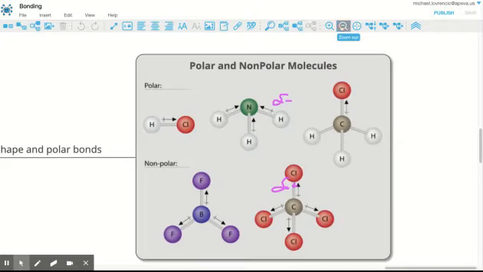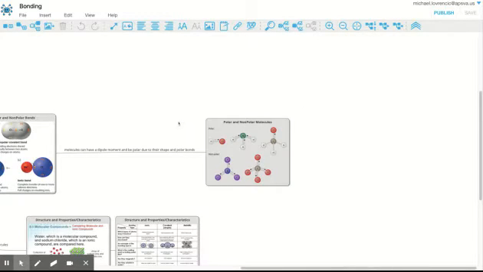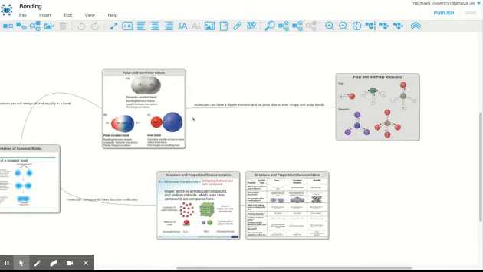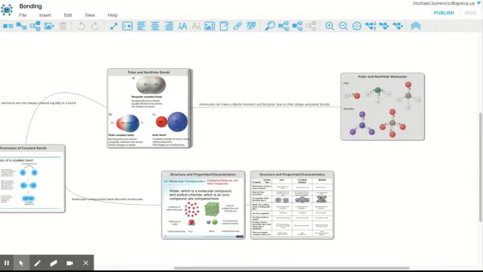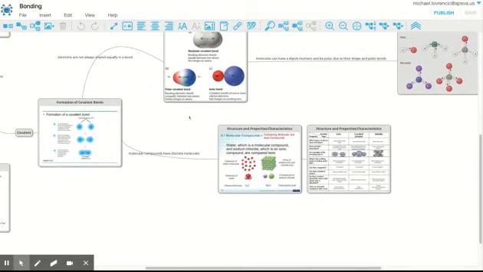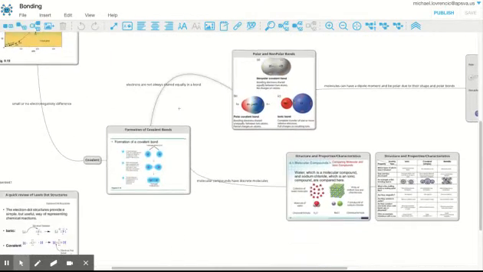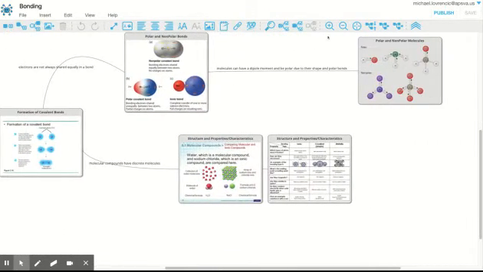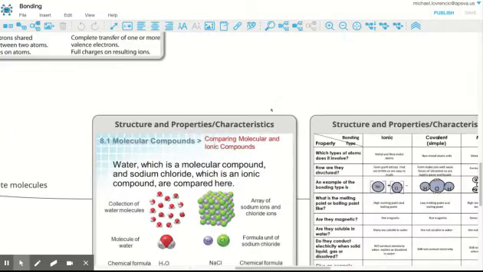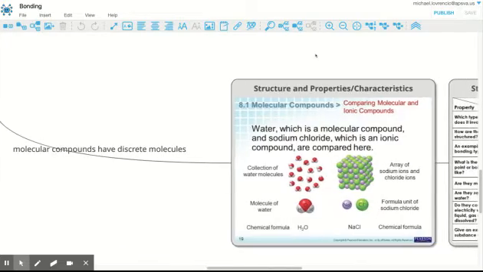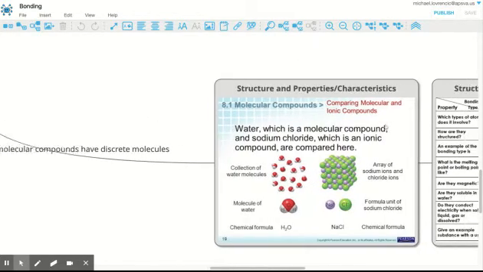If we back out and take a look at our flow chart, and we look at the properties of molecular compounds that result: molecular compounds are made up of discrete molecules.